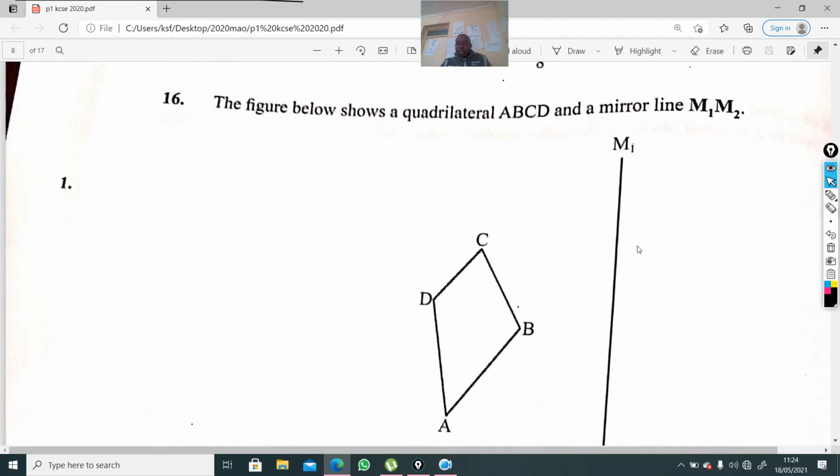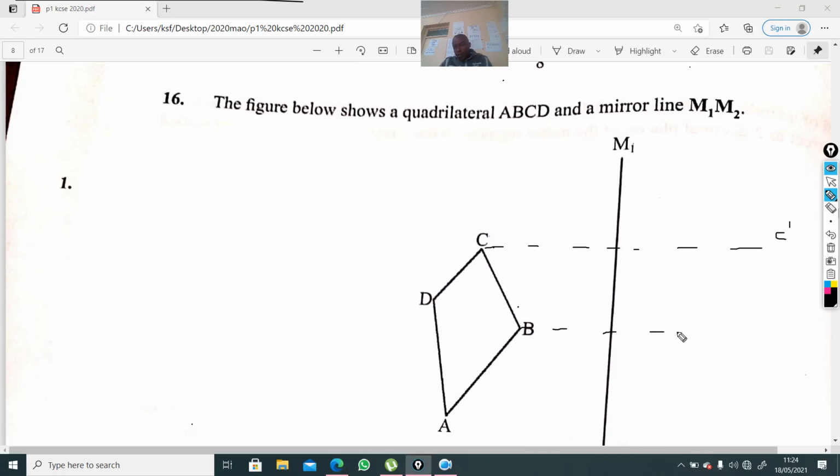Now what you do in this question is that you have to measure. Just have your ruler, measure the distance from here to the mirror line. Then prolong with your ruler the same distance to wherever it will be. You call it C image. You do the same for this to the mirror line.